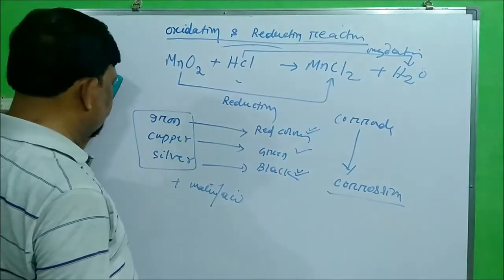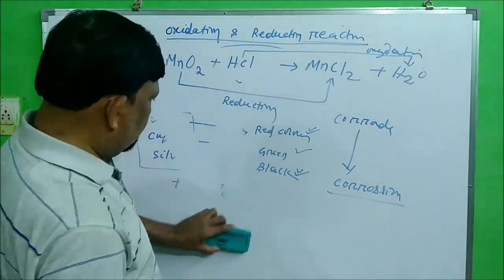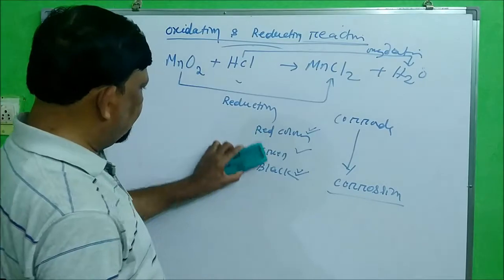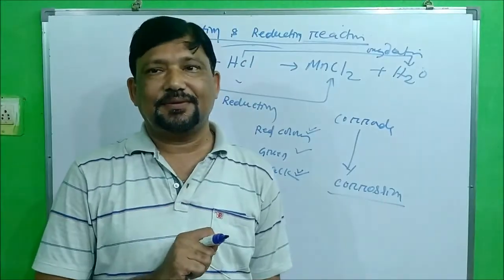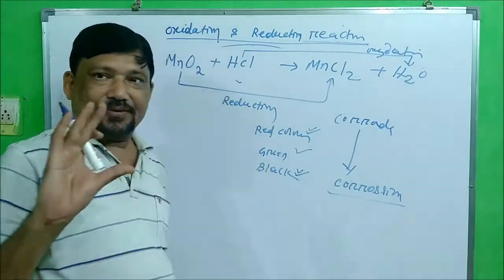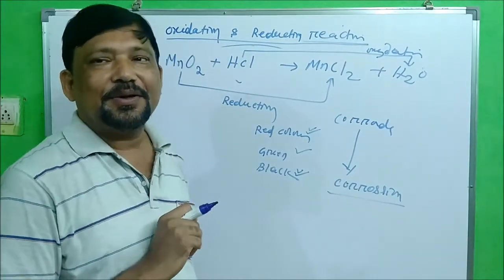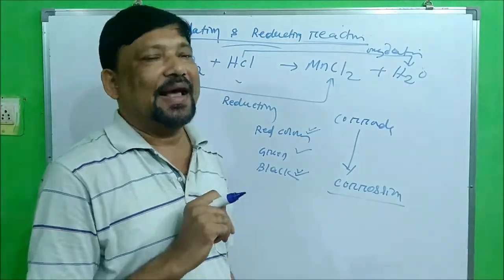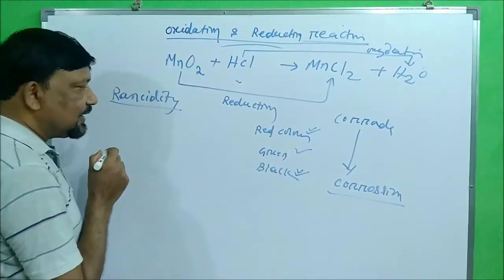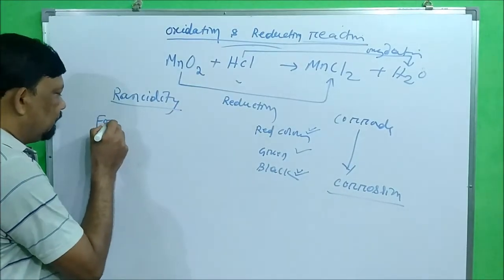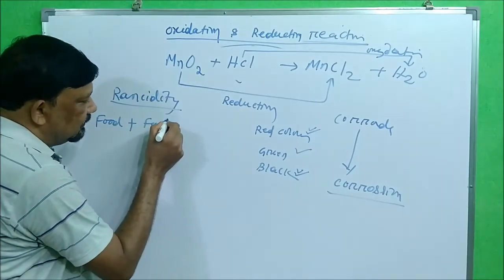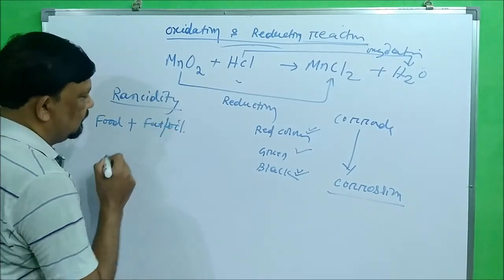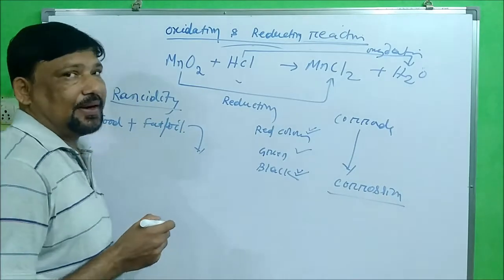Another example of this oxidation is with your food. Now you are very fond of eating packed food. What is packed food? Can you give some example? Kurkure, chips, they are all your packed food. They undergo rancidity. Rancidity. What is rancidity? Food is cooked with fats or oil, and you will get the frying chips.